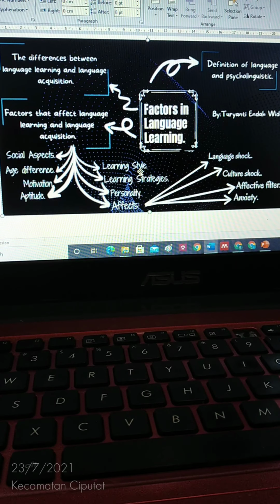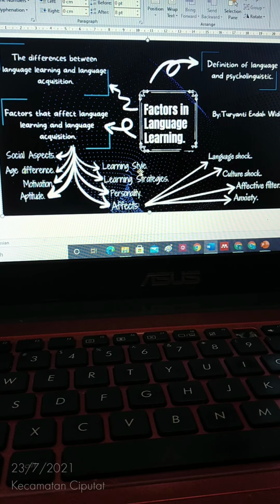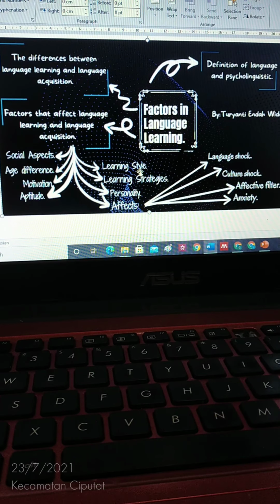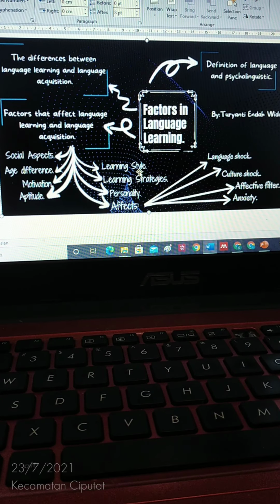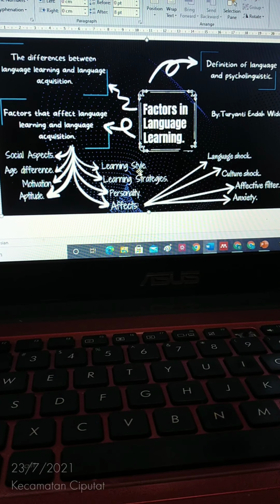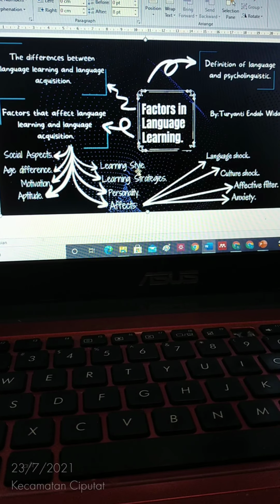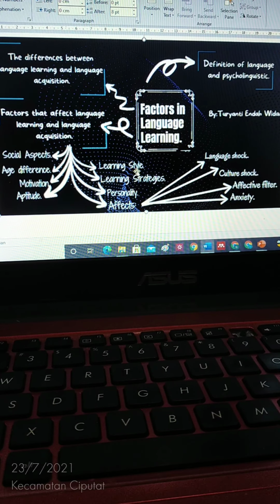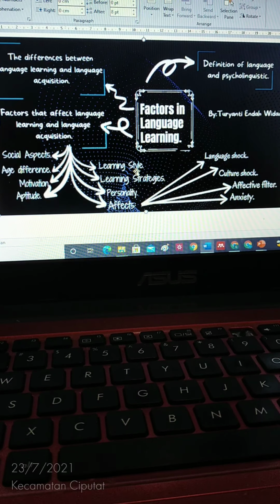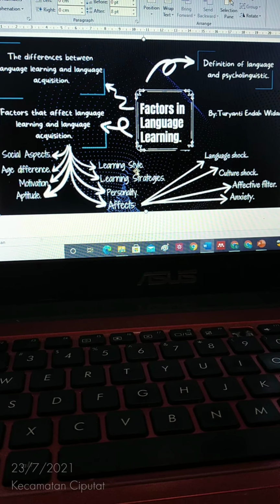Learning strategies. Okay, learning strategies are used by students to help them understand information and solve problems. Learning strategies consist of four main components: cognitive strategies, metacognitive strategies, social strategies, and affective strategies. Cognitive strategies involve the manipulation of the learning materials or input by means of repetition and summarizing.